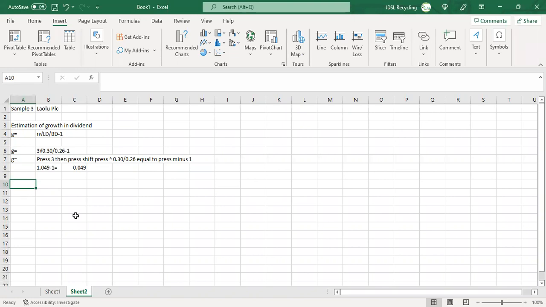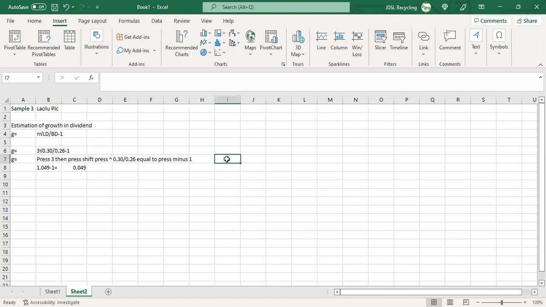Another thing, maybe calculators differ. Another way, for those using the other calculator. How do I get that sign? It's still the same function that we are going to press.